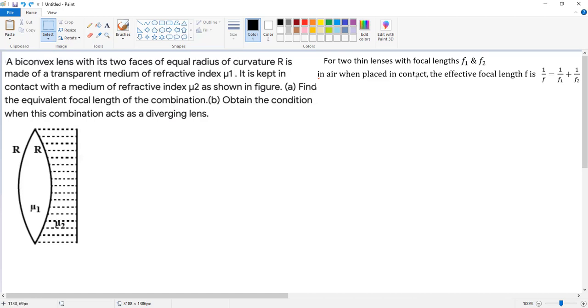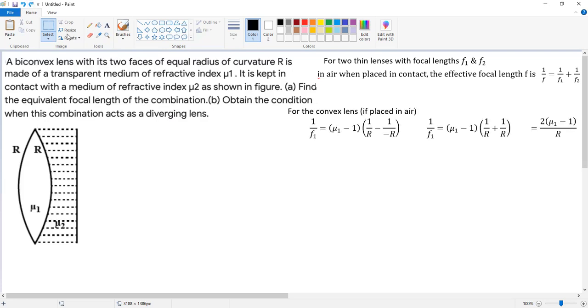When they are placed in contact, the effective focal length of the combination is 1 by f equal to 1 by f1 plus 1 by f2. The f1 and f2 are calculated when lens 1 is placed in air and lens 2 is placed in air. Now we need to find the focal length of the convex part and the plano-concave part, then use the formula.